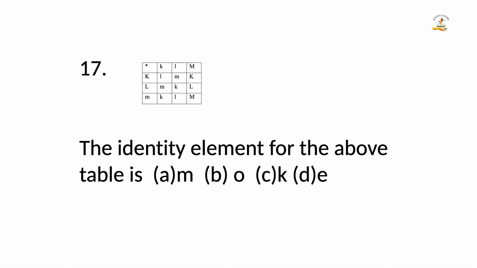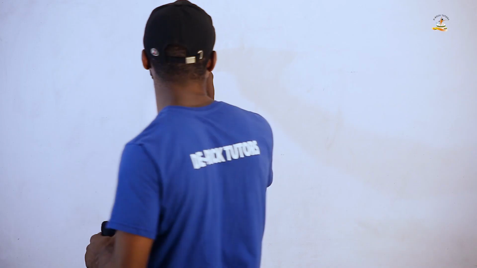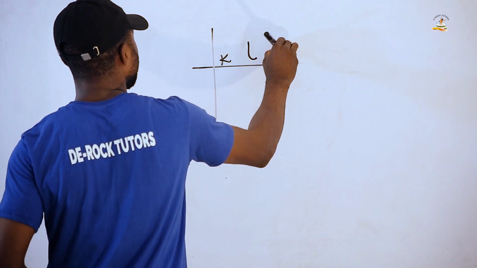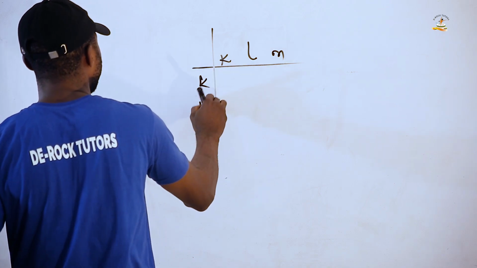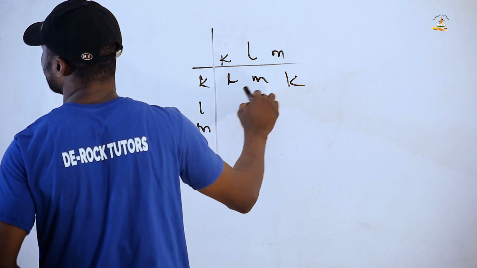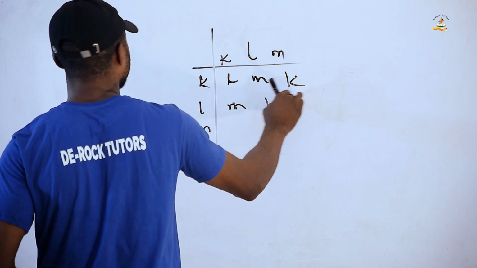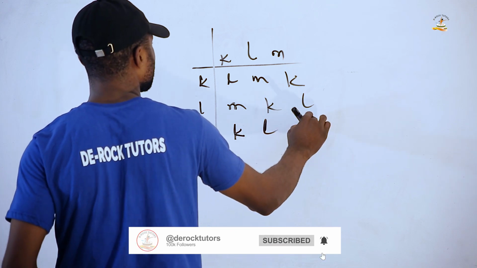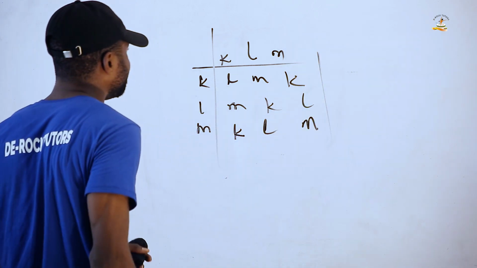We are asked to find the identity element for this table. The table is given with K, L, M as the top row, and here you have K, L, M, then L, M, K, then M, K, L, and you are required to find the identity.